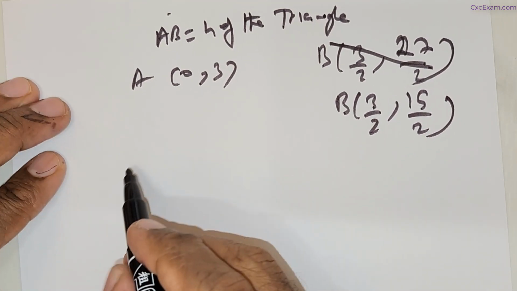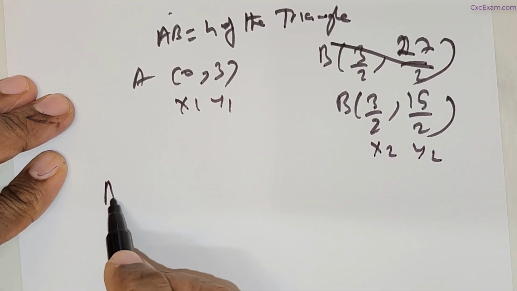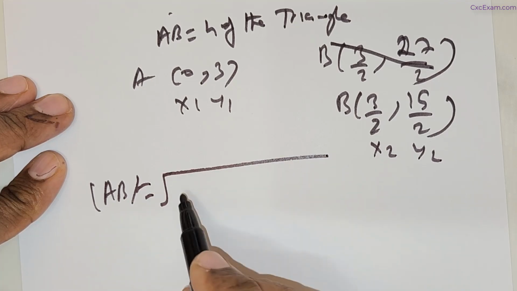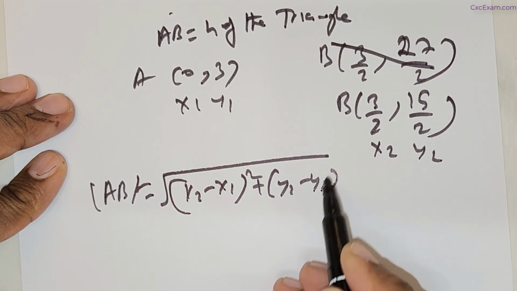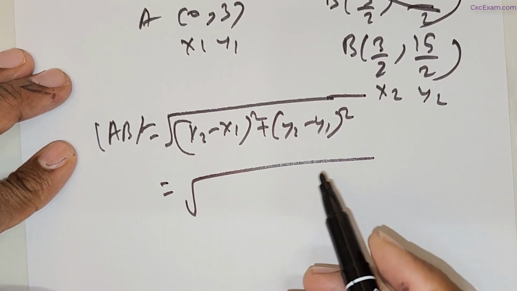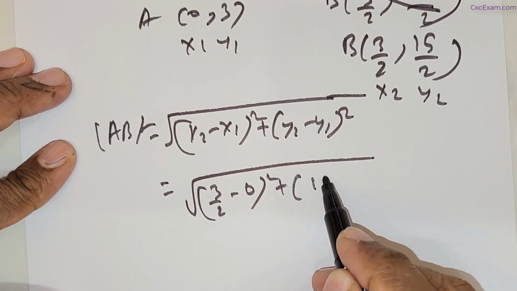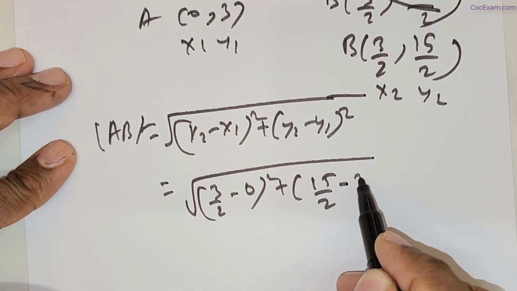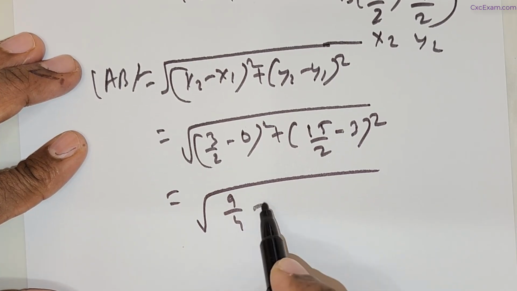So let's find the distance. I take this as x1, y1, x2 and y2. So the distance formula is x2 negative x1 the whole square, y2 negative y1 the whole square. So 3 over 2 negative 0 the whole squared and 15 over 2 negative 3 the whole squared. So this is going to give me 9 over 4.